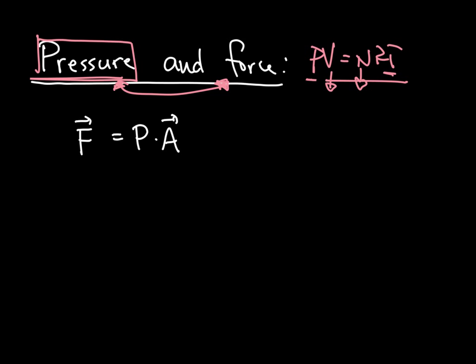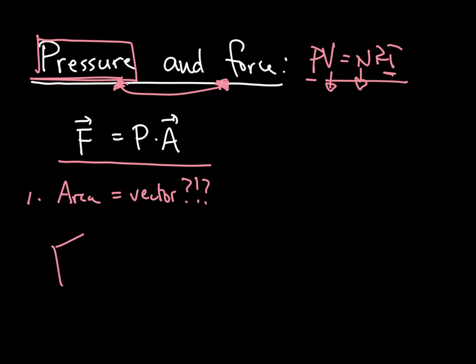All right, so the first thing you should probably do when you look at this expression, that force is equal to pressure times area, is say, one, area is a vector. And sure, it's a vector. I mean, you can have some sort of flat surface, and what we want is to be able to describe how this surface is facing.